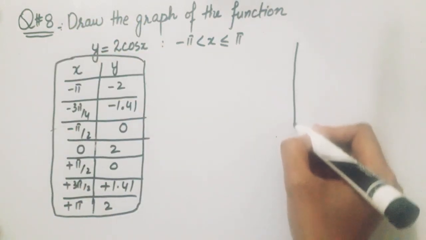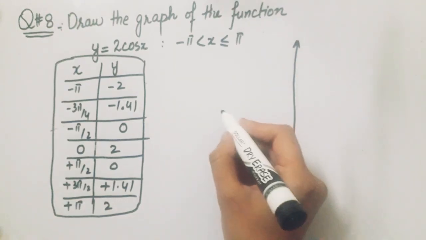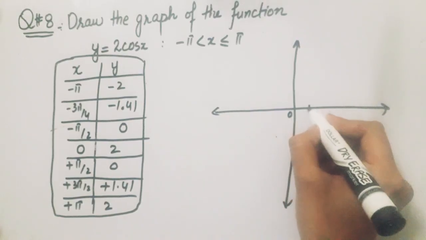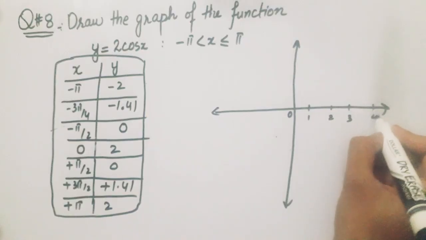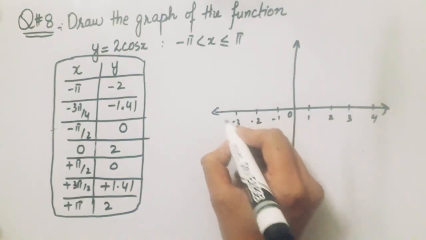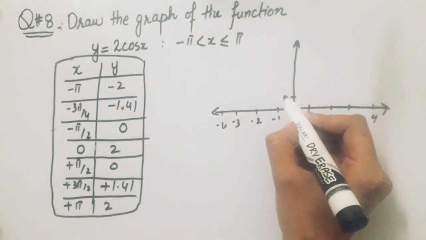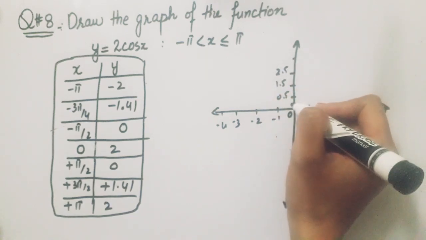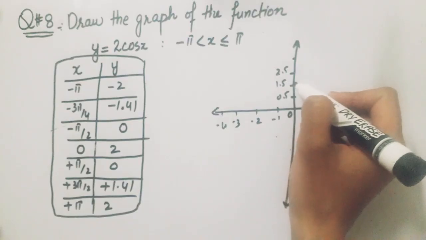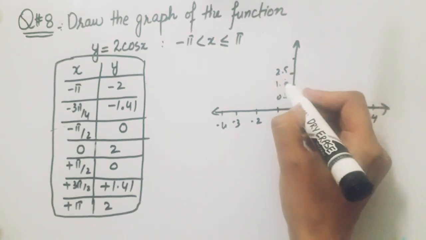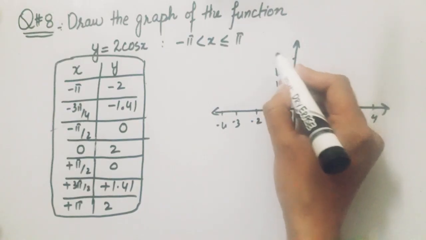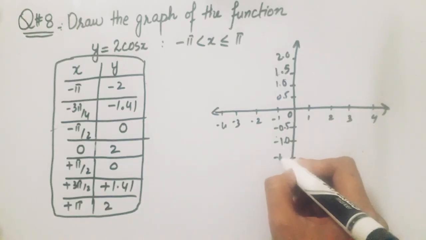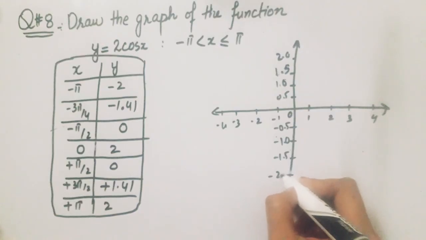So let's suppose this is the y-axis and this is the x-axis, and the values of x are 0, 1, 2, 3 and 4, and this is minus 1, minus 2, minus 3 and minus 4, and on the y-axis 0, 0.5, 1.0, 1.5 and then 2.0, and here minus 0.5, minus 1.0, minus 1.5 and then minus 2.0.